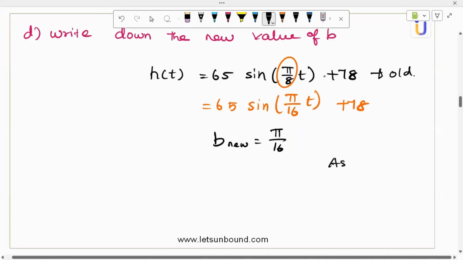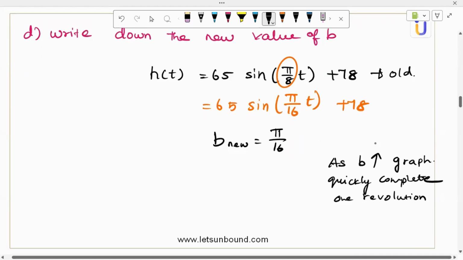As B increases, the graph will quickly attain the maximum or minimum. The graph quickly completes one revolution. And when B decreases, it will take a long time, right?